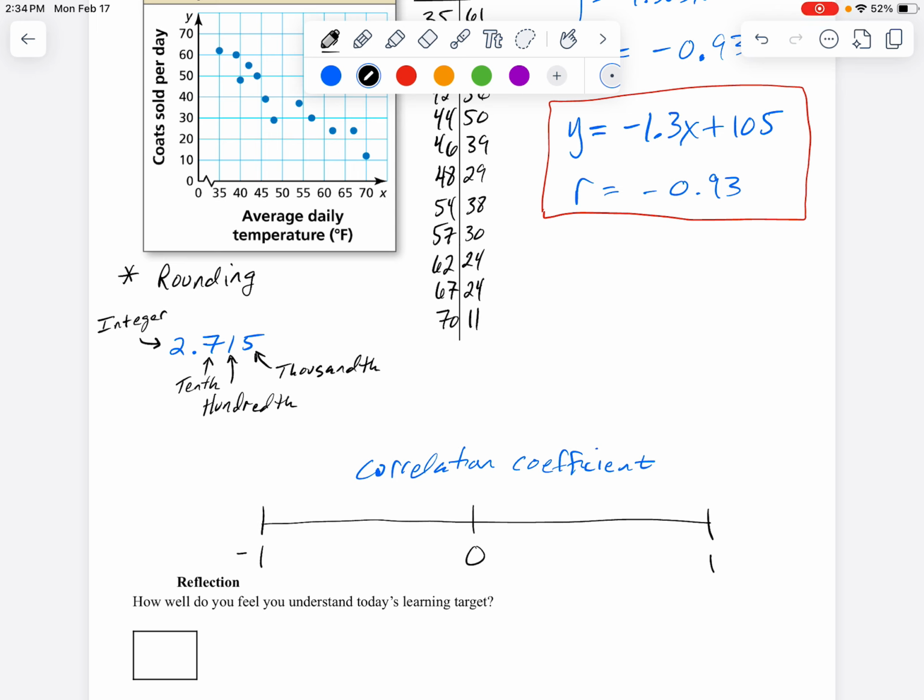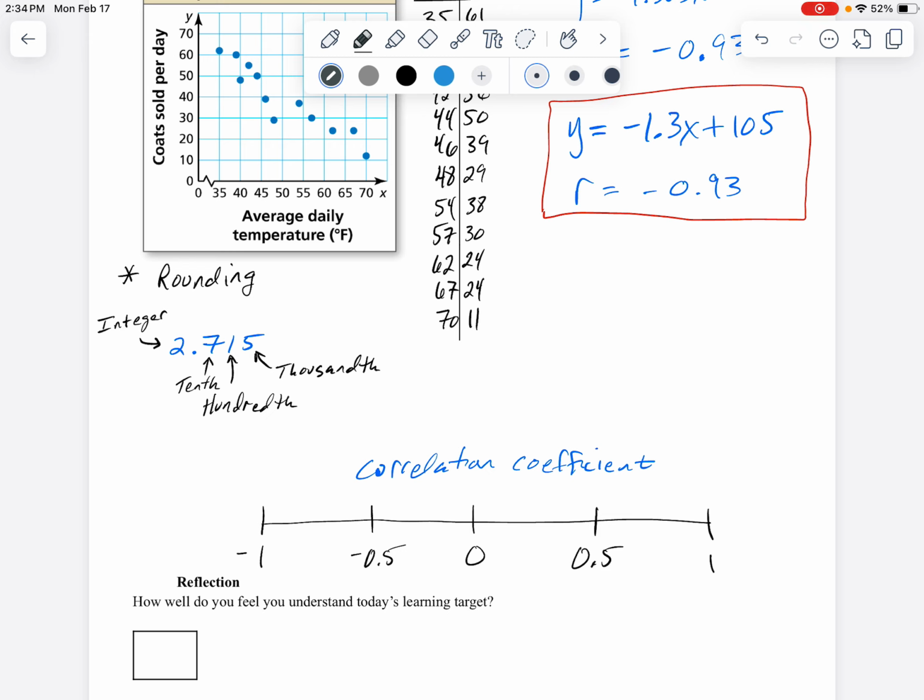Now let me just put a couple more. So this would be like -0.5. This would be +0.5. This is a pretty strong, or like it is close to -1. So that's kind of like over here on our little scale.